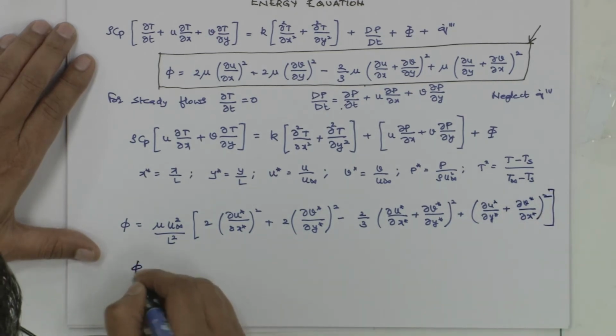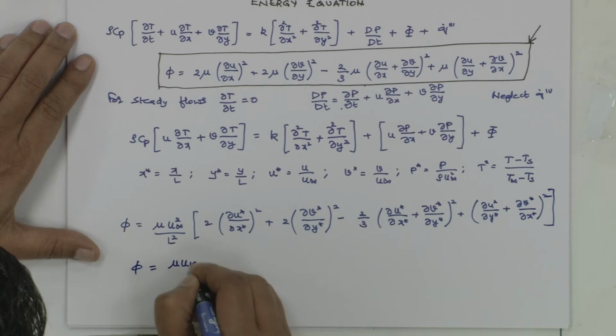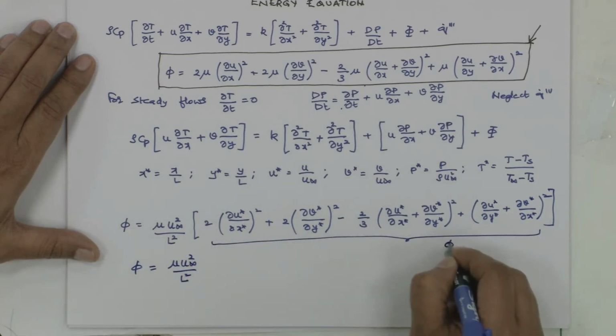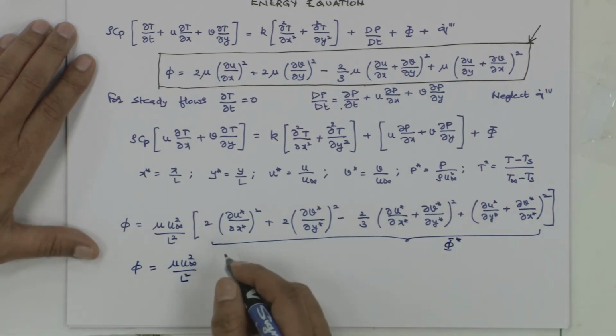So, phi I can write as mu u infinity squared by L squared times this, let me call it phi star.